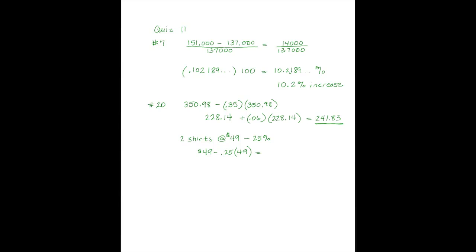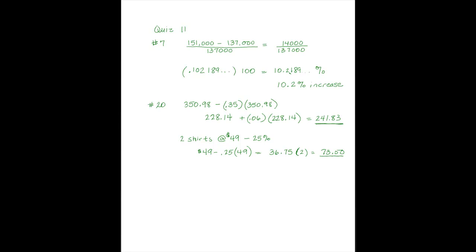When I do that, I get $36.75. Now, this one didn't have any tax, so I'm not going to add tax, but he did buy 2, so I'm going to multiply that by 2. And that gives me $73.50. So that's what he paid for the shirts.